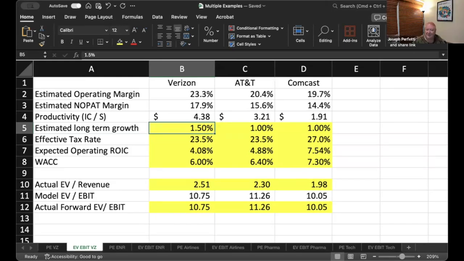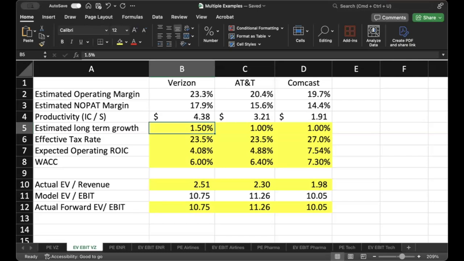Right. So Sarah, since you did a great job jumping in, you want to do Verizon against Comcast? I will attempt. I will do my best. Okay. So the first thing, Comcast has a higher tax rate, 27, while Verizon has 23.5. So that's going to favor Verizon in terms of value.